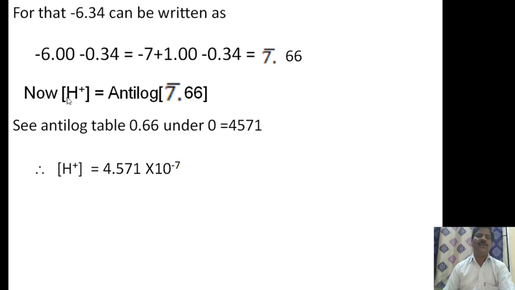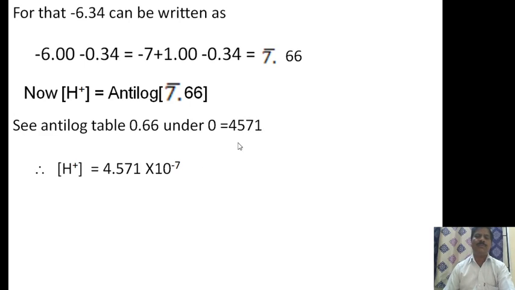Now the H plus ion concentration is equal to antilog of bar 7.66. The antilog table starts from 0.01. You can see the antilog table, 0.66 under 0, and we will get 4571.